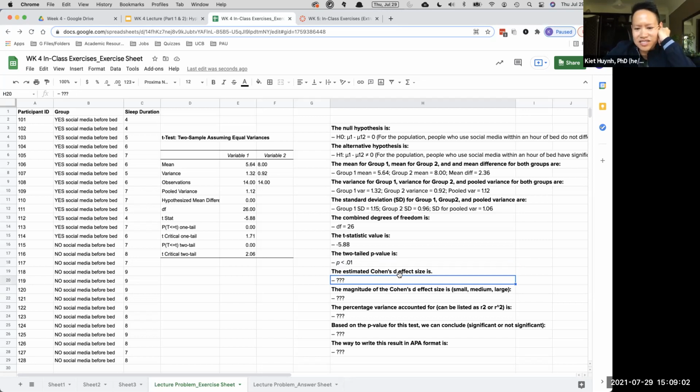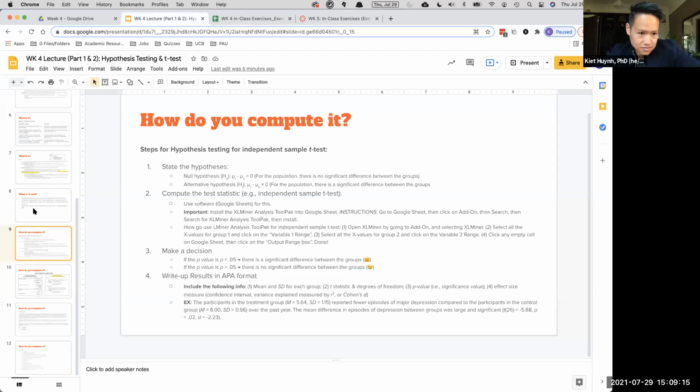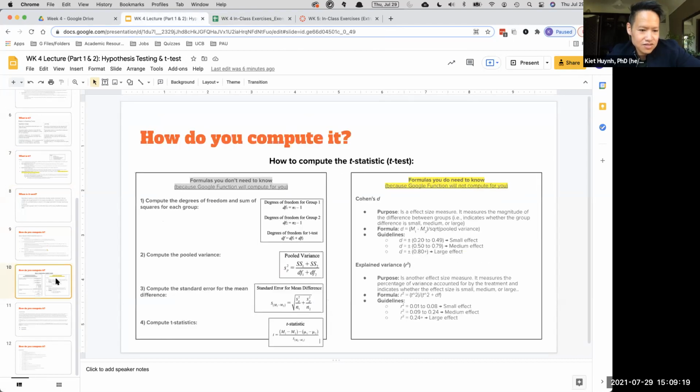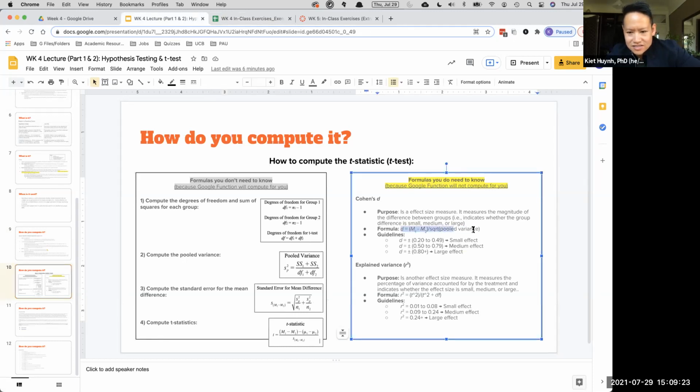Okay, Cohen's d effect size. This isn't on this chart, so we have to calculate this. What we need to do is go back to the formulas. Here it is. Remember, this is the formula for Cohen's d. Copy this.